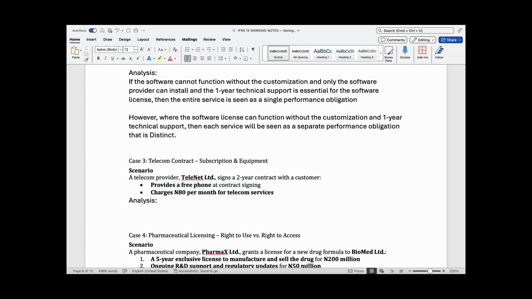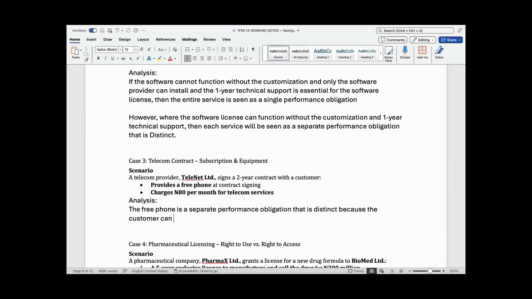If I'm to analyze this, see, the free phone is a separate performance obligation that is distinct because the customer can use the phone with any other service provider.